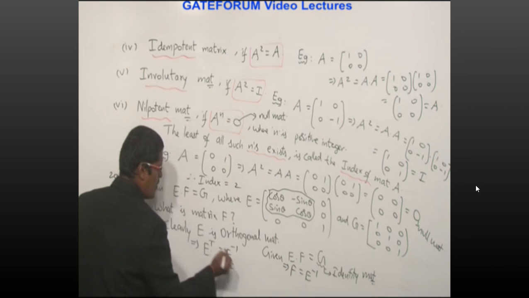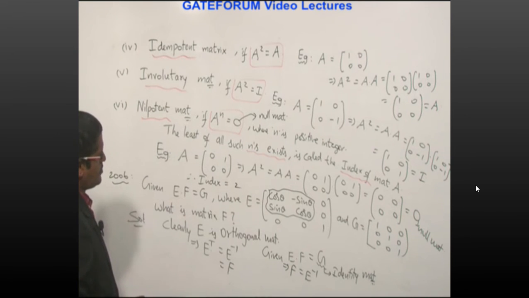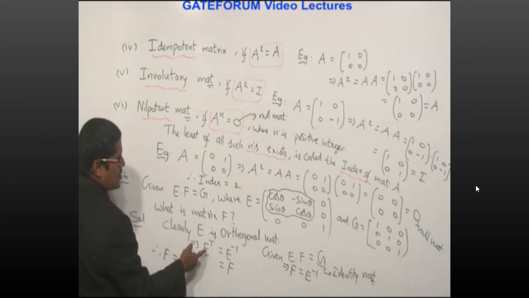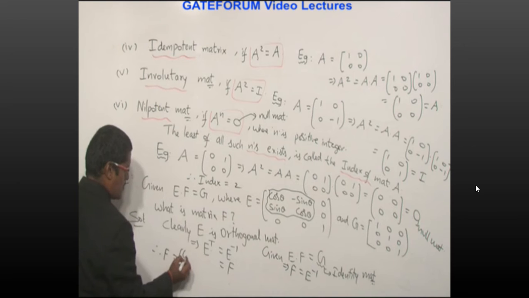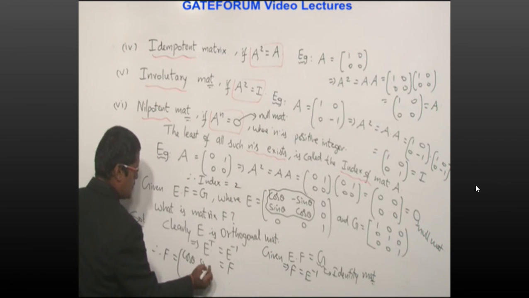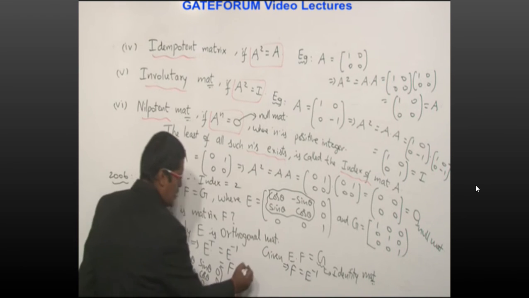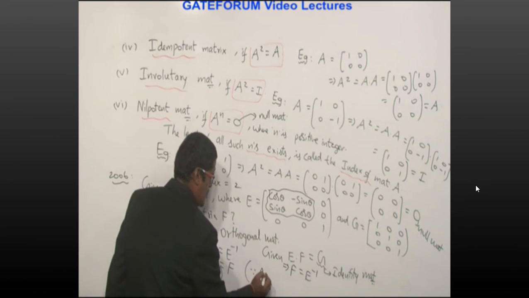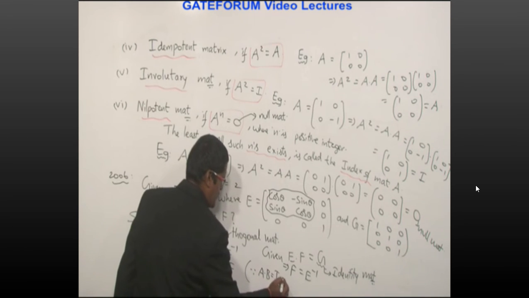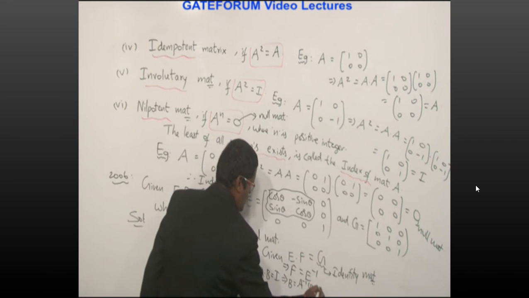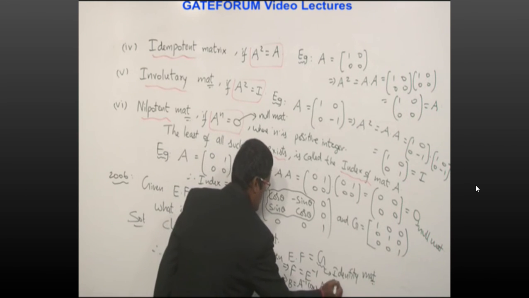E transpose is equal to F. So, therefore, your F is equal to the transpose of the E matrix: cos theta, sin theta, 0, minus sin theta, cos theta, 0, 0, 0, 1. This is the answer. Yesterday I told you, since A into B is equal to I implies B is equal to A inverse or A is equal to B inverse or both.